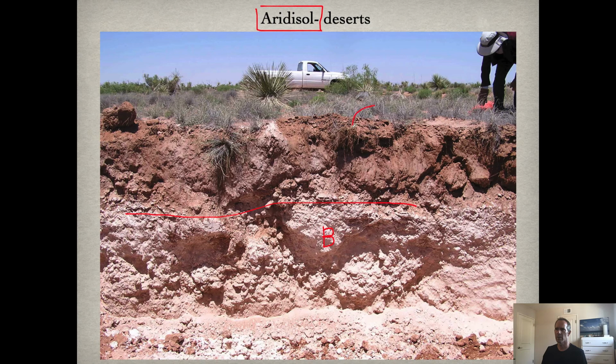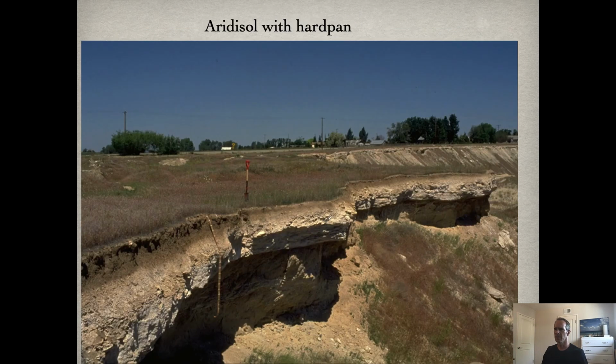So as the water infiltrates down through the soil, it dissolves calcium carbonate from above and deposits it here in the B horizon. So these are oftentimes called calcic soils, and those B horizons, because they're made of calcium carbonate, they can become really lithified and hard.